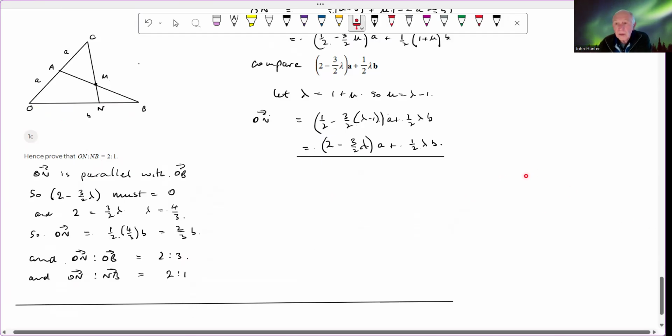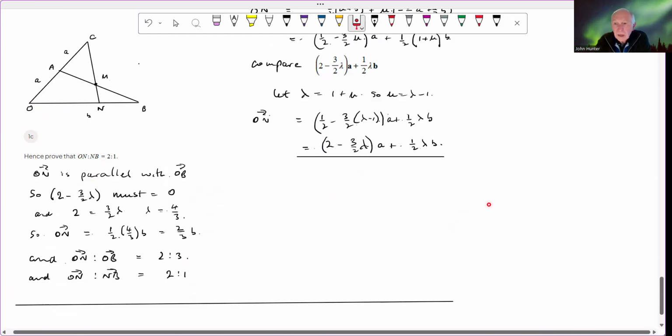The moral of the story? Well, if we've got unknown ratios, you may well have worked out the right answer, but just chosen the wrong ratio.